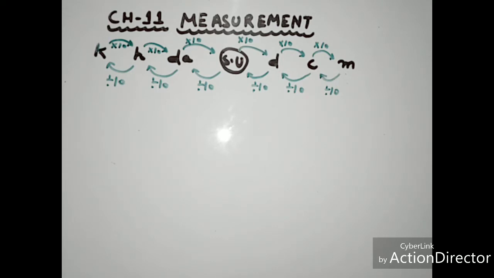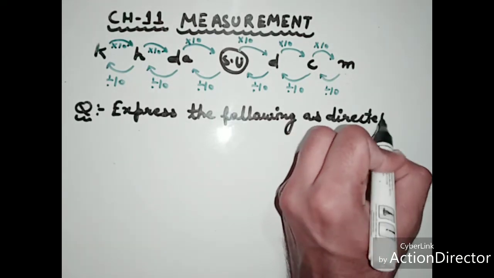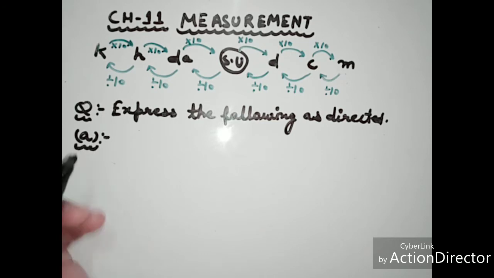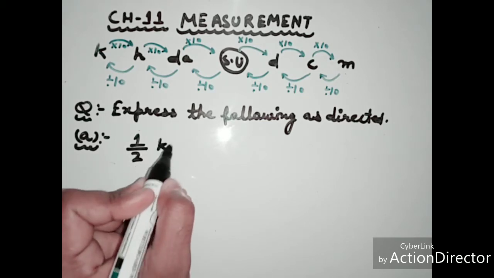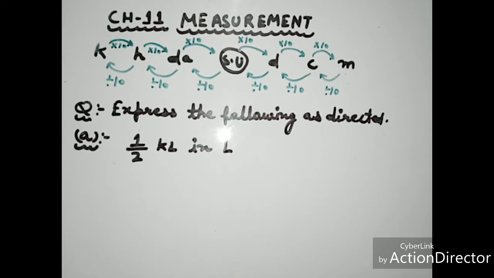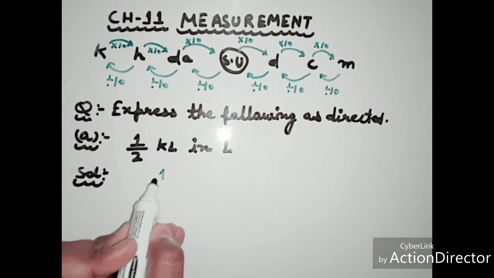Like the first question, express the following as directed. Example number A, 1/2 kiloliter convert into liter. First we check how many liters in 1 kiloliter.